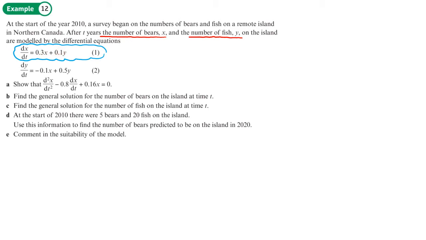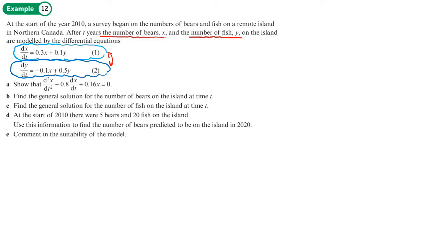And the second equation is telling us that the rate of change of the number of fish over time is linked to the number of bears and the number of fish. So they're both linked together, they're coupled together. So that's why they're called coupled equations. Coupled just means they're interlinked, they affect each other.